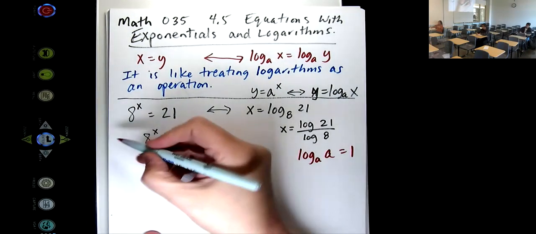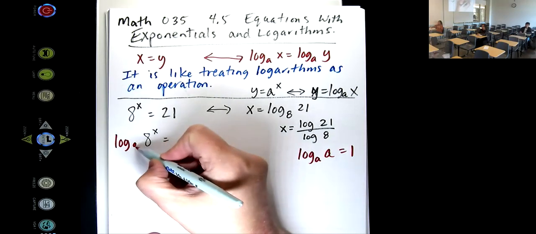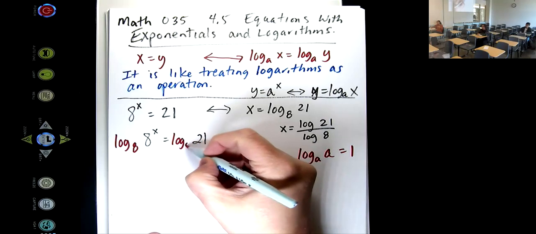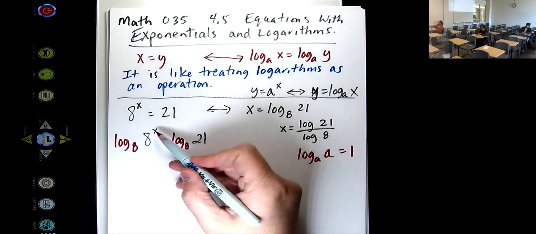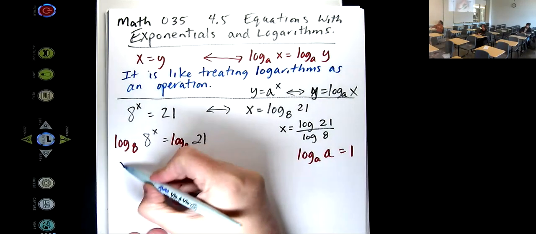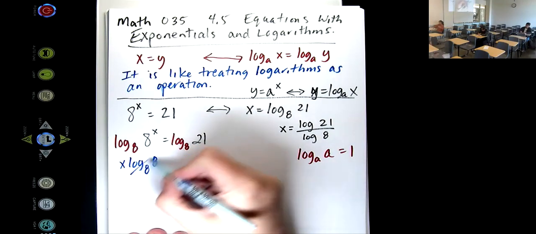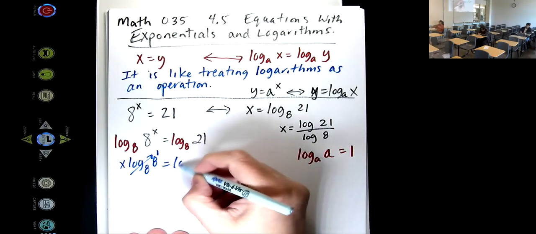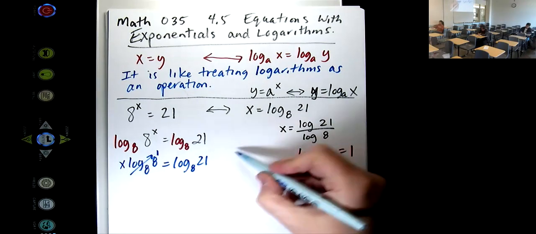So what we can do is use this base here to make a logarithm of the same base, and we're going to do it to both sides. The exponent rule pulls the X down. This becomes X times log base A of 8, which is 1, equals log base 8 of 21. Which is what we did here.